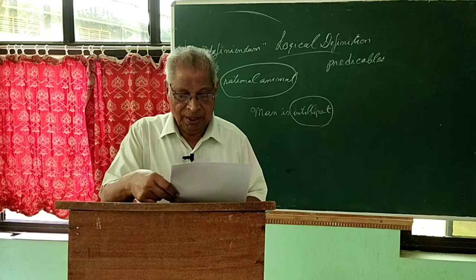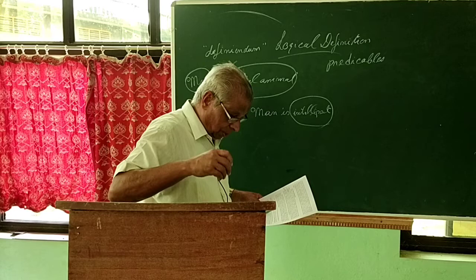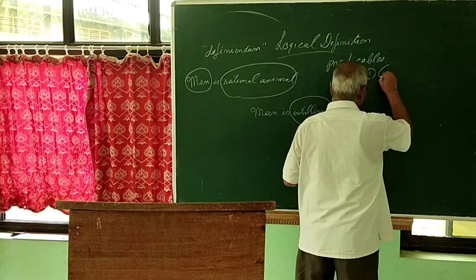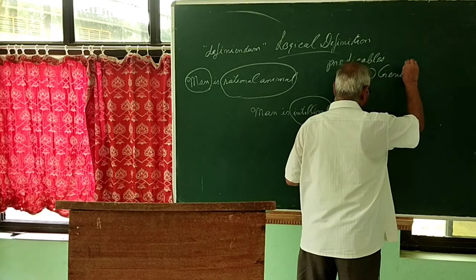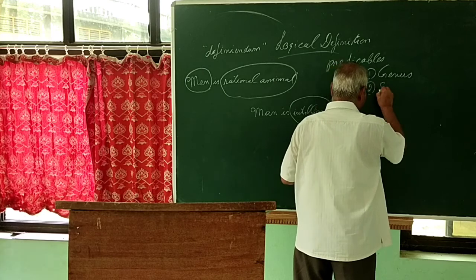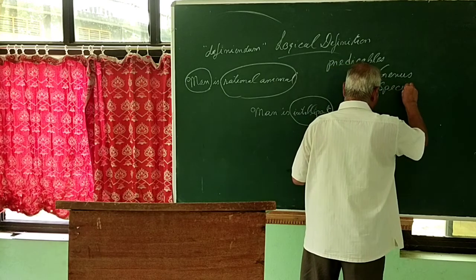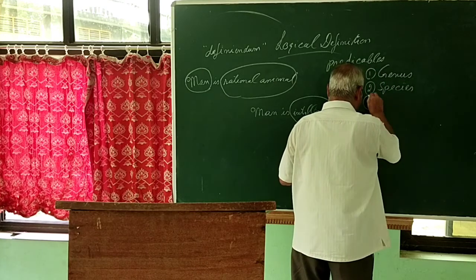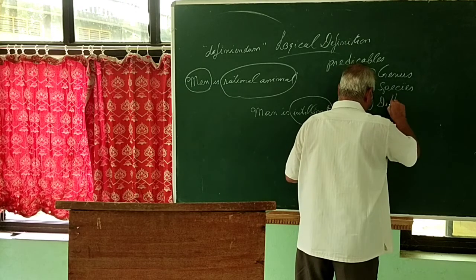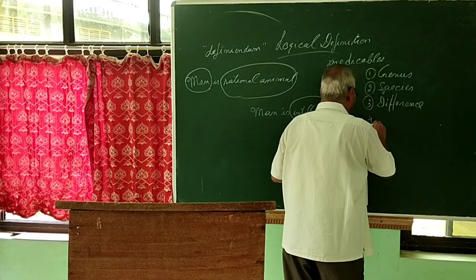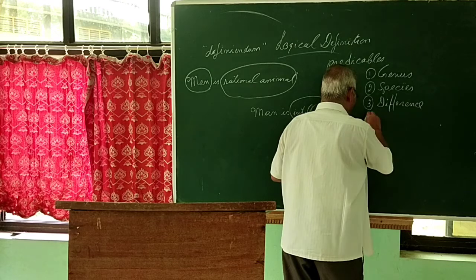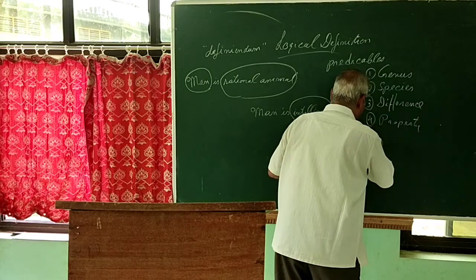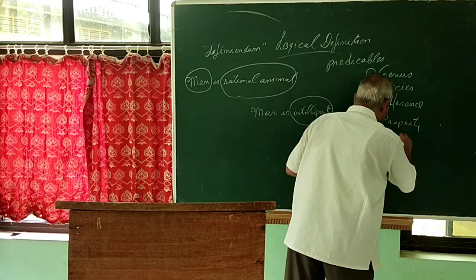Now what are those predicables, or the five kinds of predicates? The first one is called genus. Genus, species, difference, property, and finally accident.